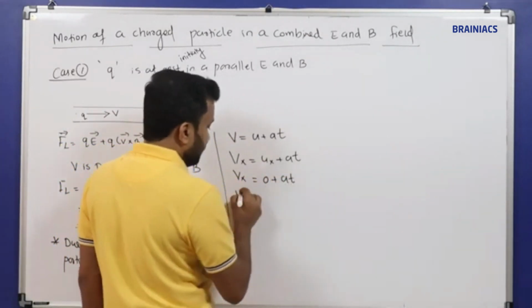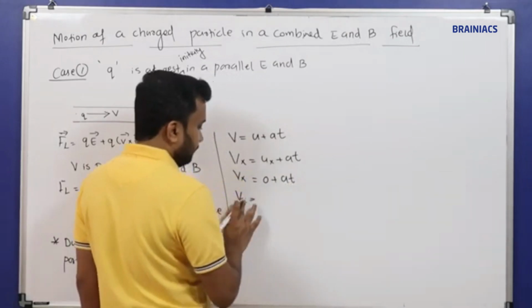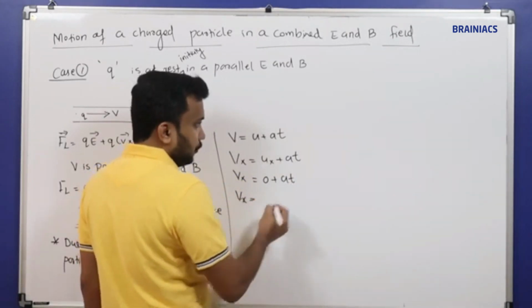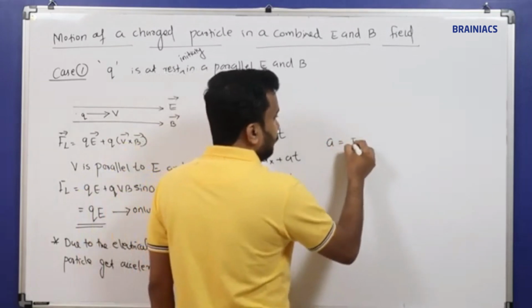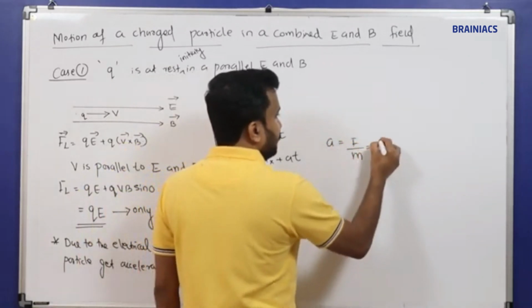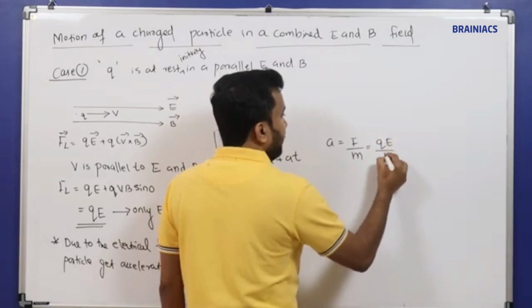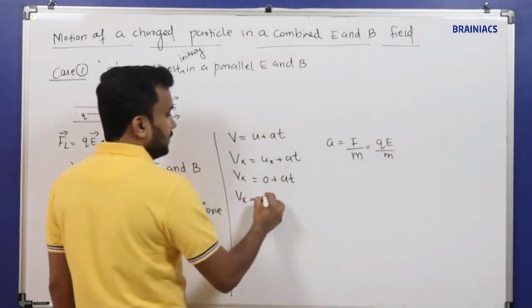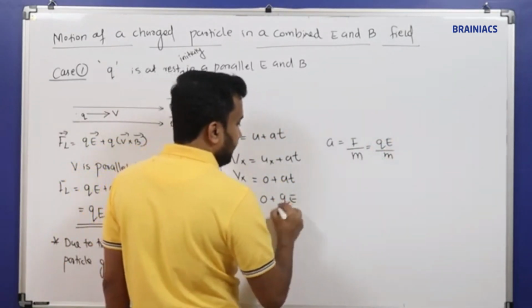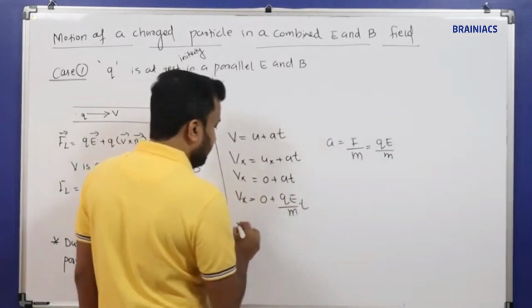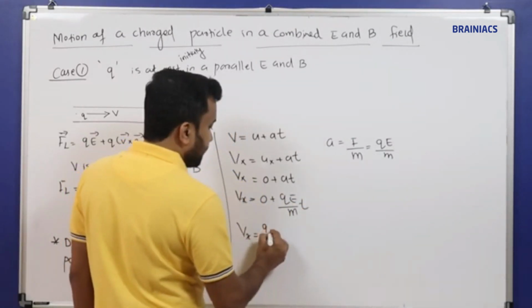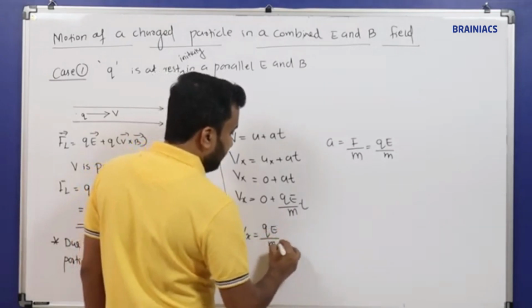Acceleration equals force by mass, and force is qE, so a equals qE divided by m. Substituting, v_x equals qE by m into t.